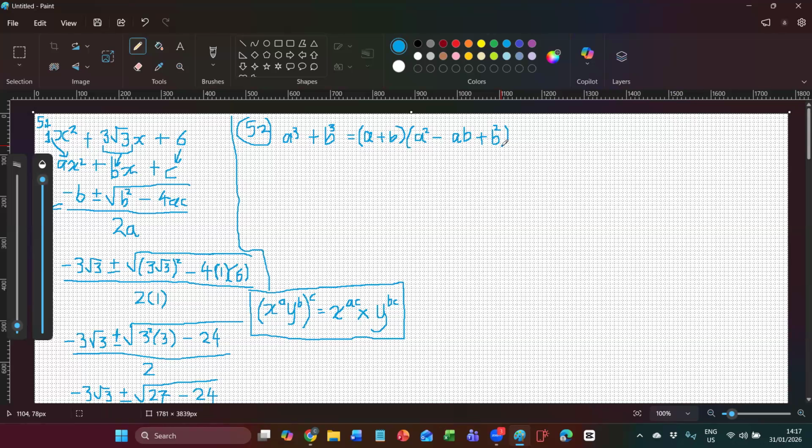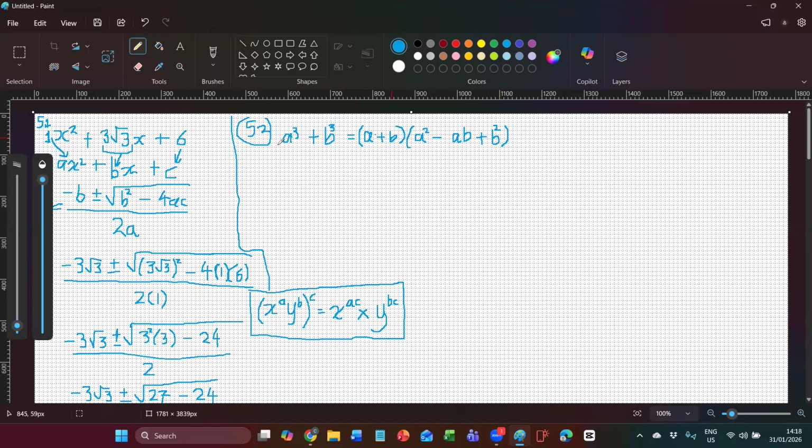So when they say we should use sum of cubes and difference of cubes, this is basically what it will come to. I'm not sure we can go beyond this.